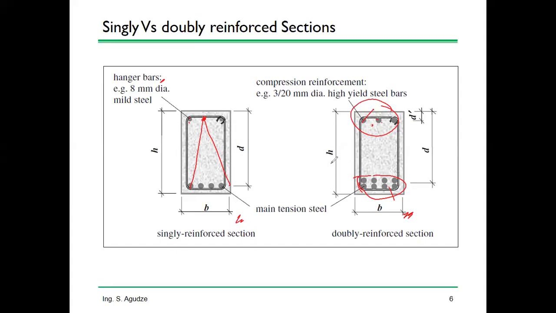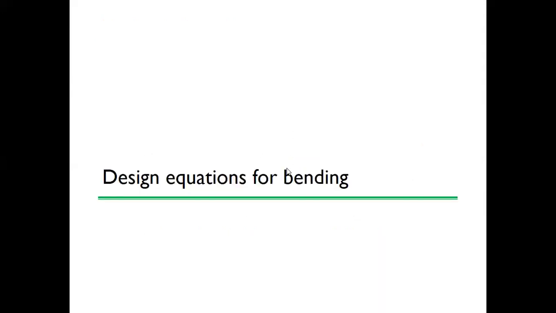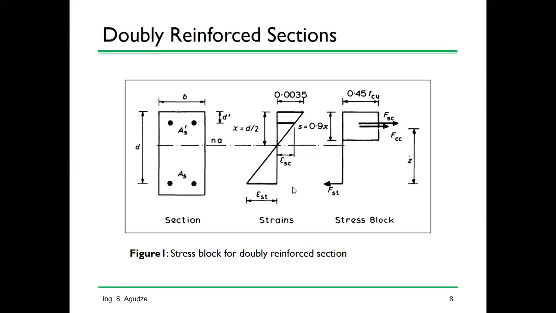So once the concrete cracks, it's of no use, and so in the tension zone, concrete is completely ignored in terms of bending. That's essentially what it means to have a singly reinforced and doubly reinforced section. Now, we want to look further into the derivation of equations for bending in terms of doubly reinforced sections.